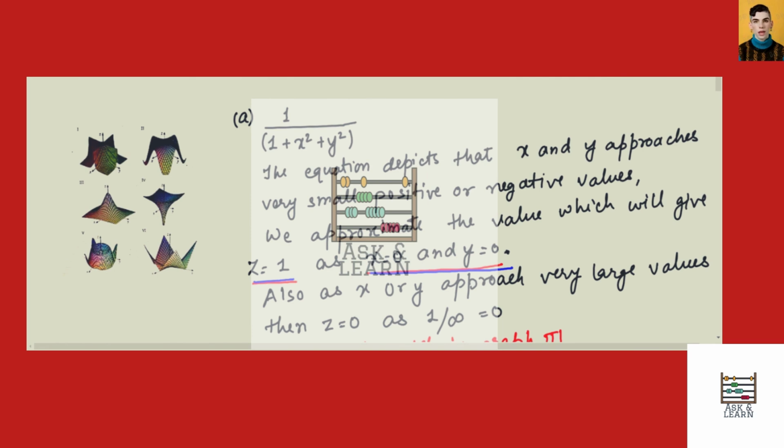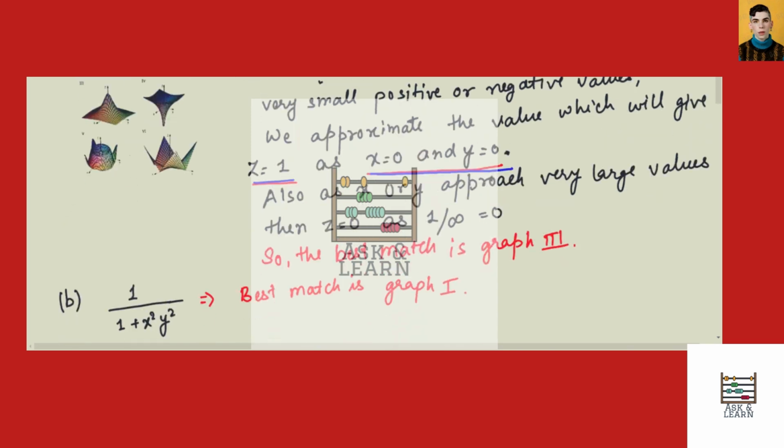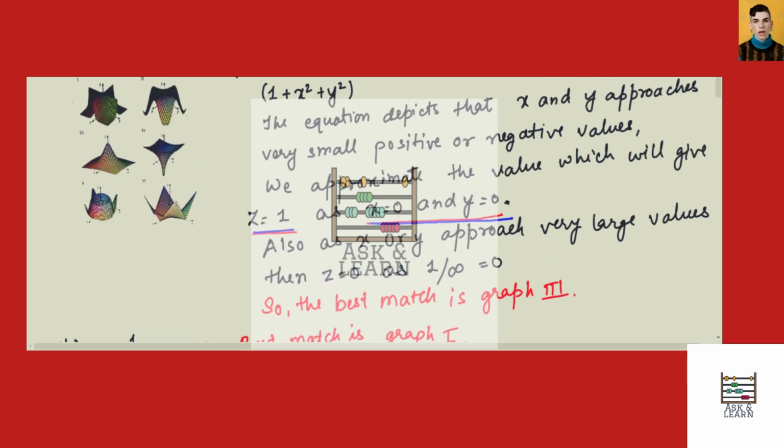So this is only possible with graph 3. When x or y approach very large values, then z becomes 0. So this is what happens with graph 3 here.